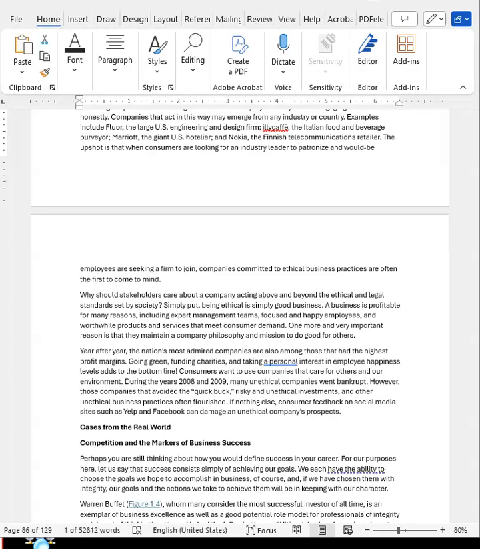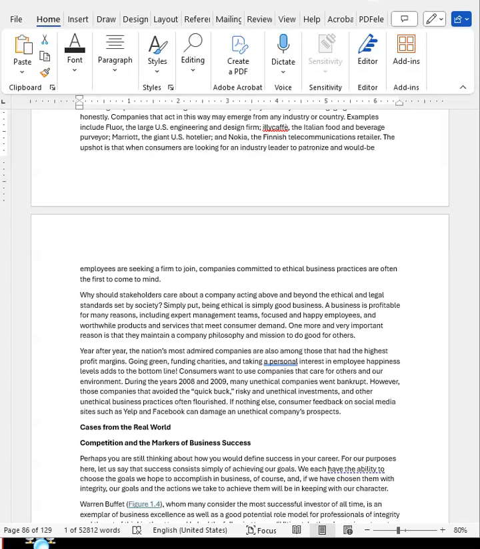Examples include Fluor, the large U.S. engineering and design firm, Illycaffè, the Italian food and beverage purveyor, Marriott, the giant U.S. hotelier, and Nokia, the Finnish telecommunications retailer. The upshot is that when consumers are looking for an industry leader to patronize and would-be employees are seeking a firm to join, companies committed to ethical business practices are often the first to come to mind.